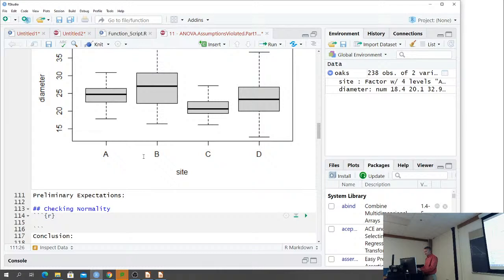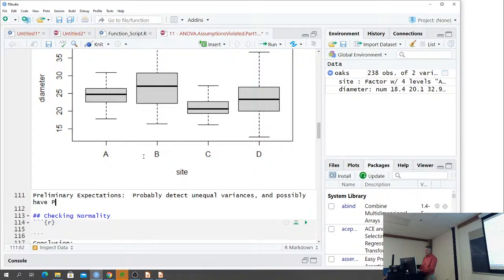All right, so preliminary expectations based on this plot: I'm probably going to detect unequal variances and possibly have p less than 0.05 for our ANOVA.